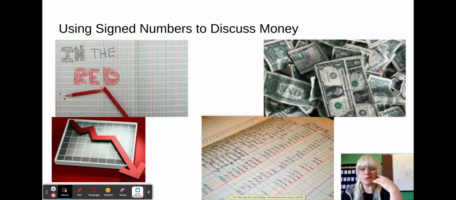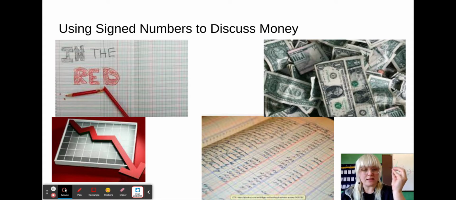We'll also think about deposits, which is money that you have or that you are adding to your bank account. So many of us don't have bank accounts, but maybe you have like a change jar or a piggy bank of sorts, or somewhere where you keep money that you earn. Anytime you put money into that, we refer to that as a deposit. You are adding positives. And then we can talk about withdrawals. Anytime you are taking money out of a bank account, we refer to that as withdrawals.